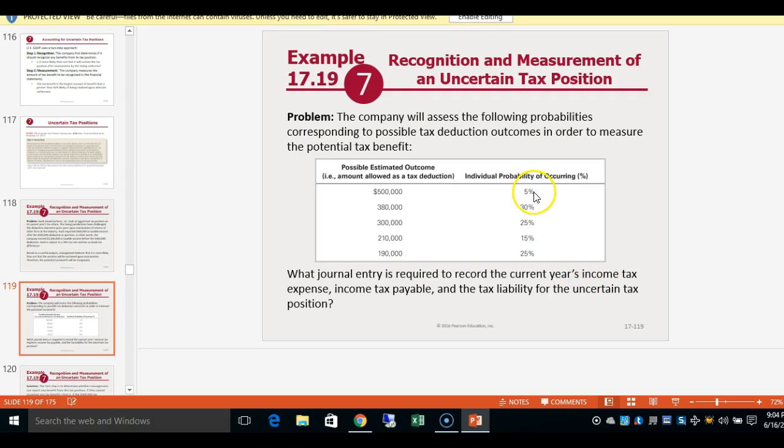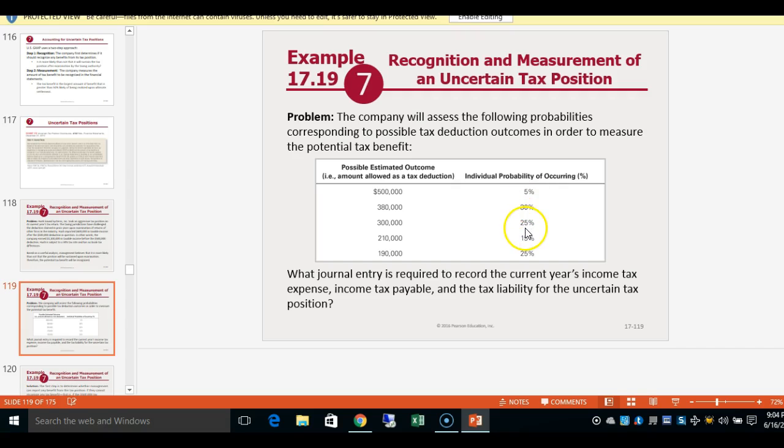So you have to look at the probabilities from a cumulative point of view. 5% plus 30% gets us 35%. 35% plus 25% gets us 60%.